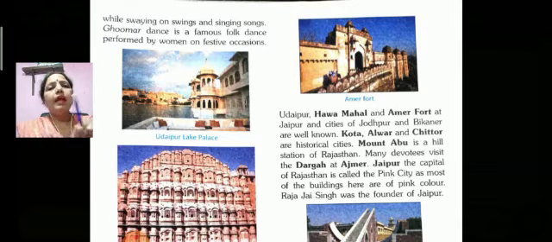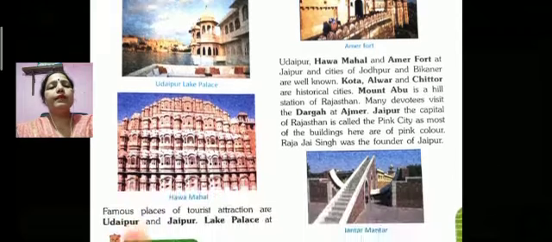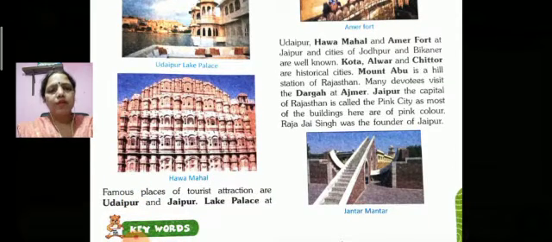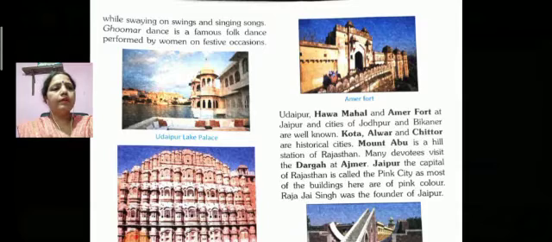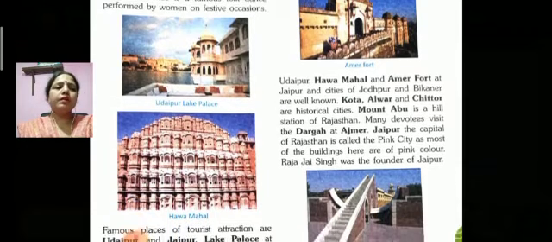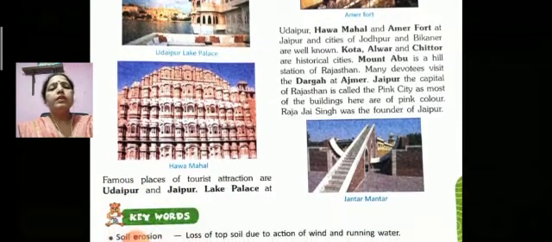Here you can see the picture of the Udaipur Lake Palace, and here Hawa Mahal. Hawa Mahal is a very big building, a big monument of Rajasthan, and this is the Amer Fort. So famous places of tourist attraction are Udaipur and Jaipur.